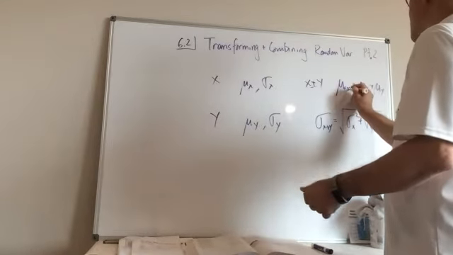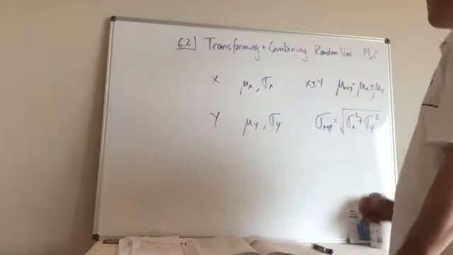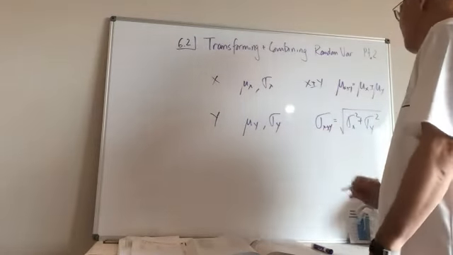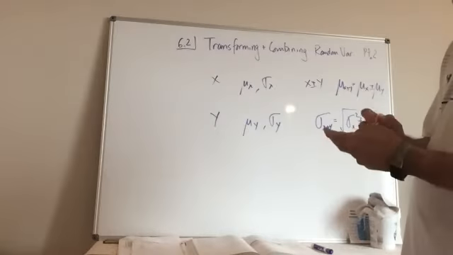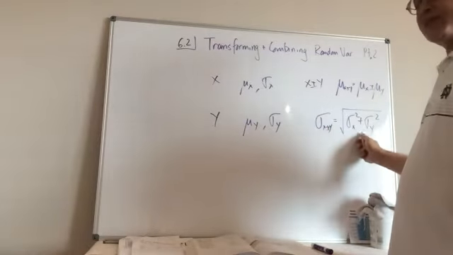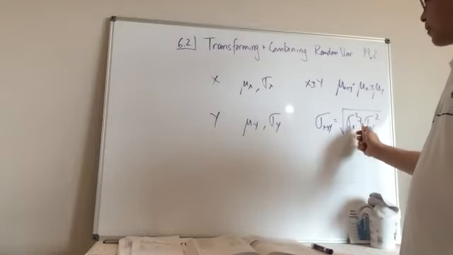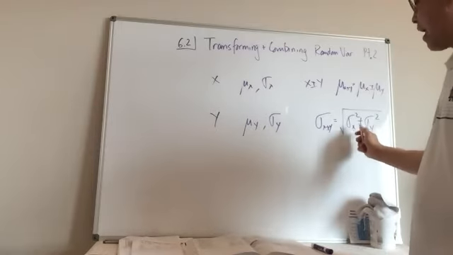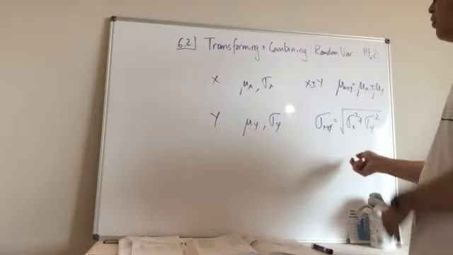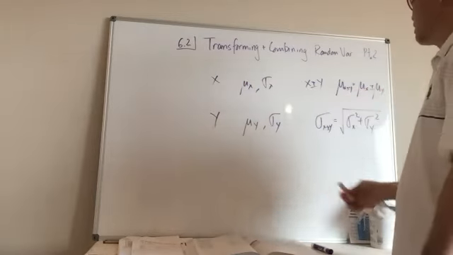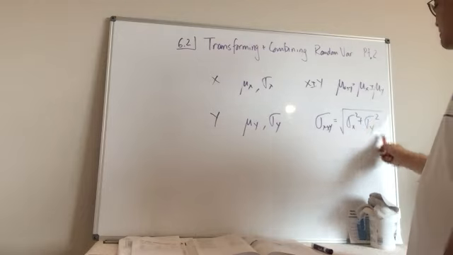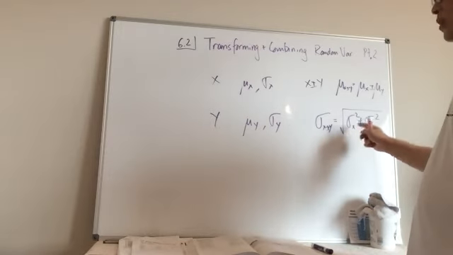If I subtract, it's going to be subtract here. We talked about that. If I subtract here on the sigma, the standard deviation stays the same. So regardless of whether I'm adding or subtracting, when you combine two different random variables, the resultant standard deviation stays the same. There is no negative here.